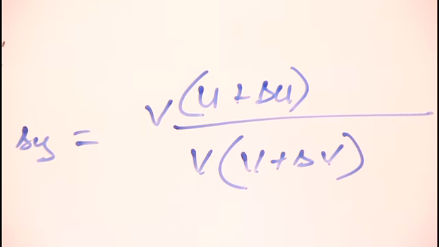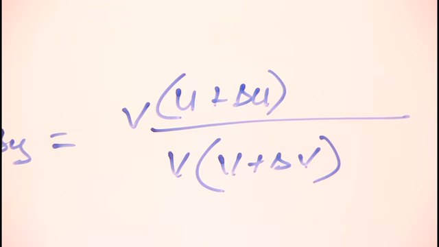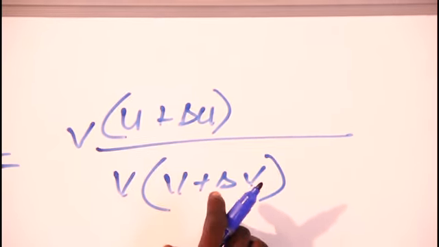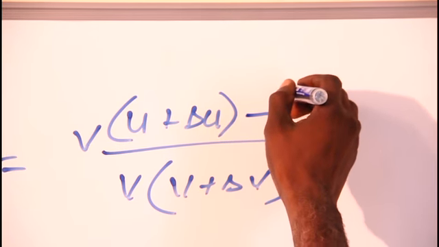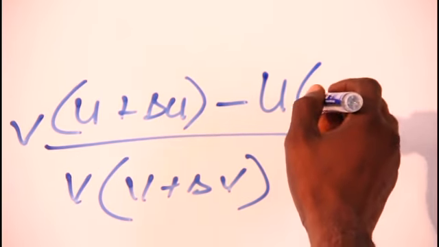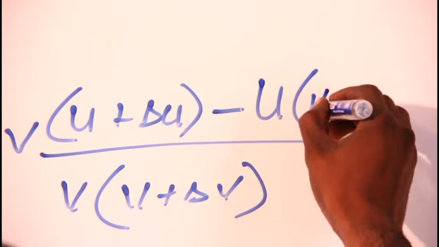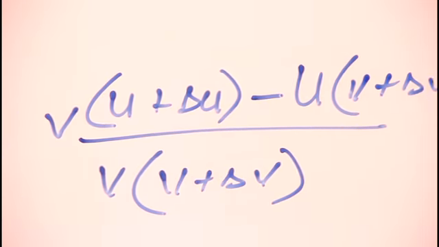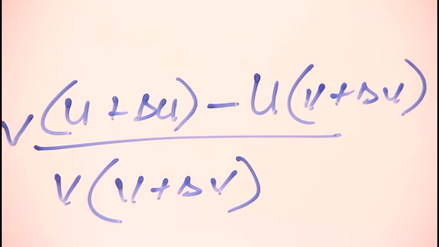Then this v into the whole of this, the v will go. What are you left with? We're left with minus u into v plus change in v. So we can easily simplify it.